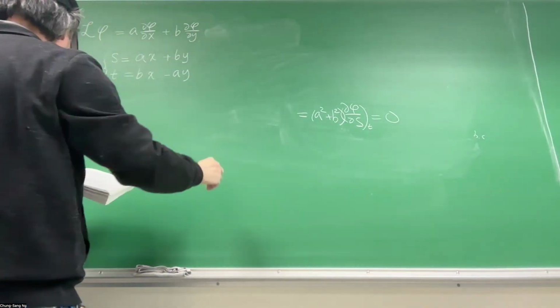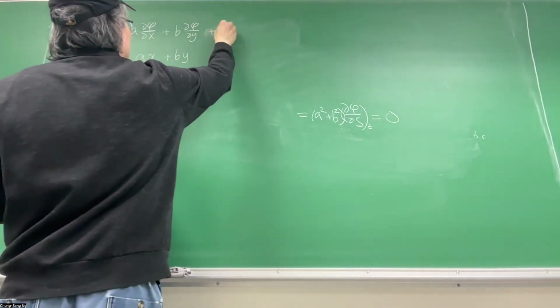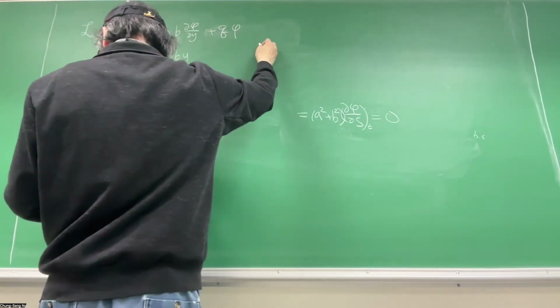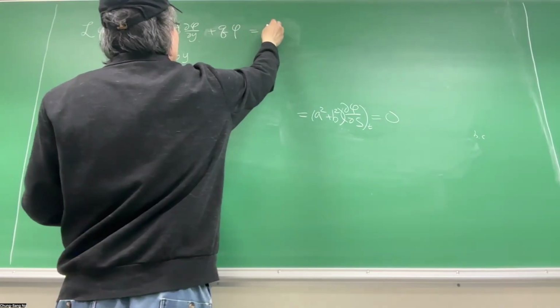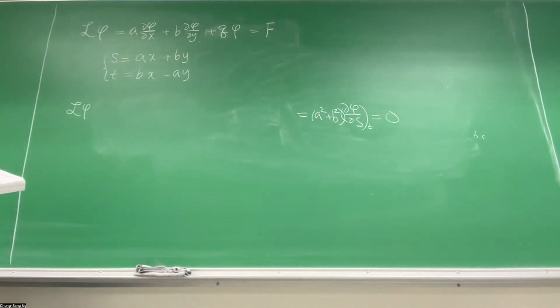So now you add another term, a linear term, Q, also a function of x and y, equals a possible inhomogeneous term F, also a function of x and y, right?